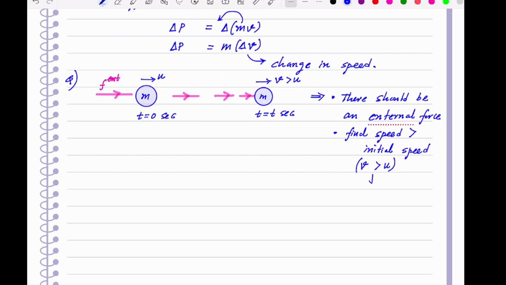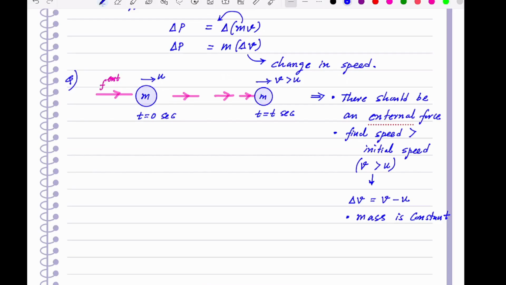So this tells you that there is a delta v, change in speed. So that would be v minus u, correct. Now we understand in this system mass is constant. Mass is m.